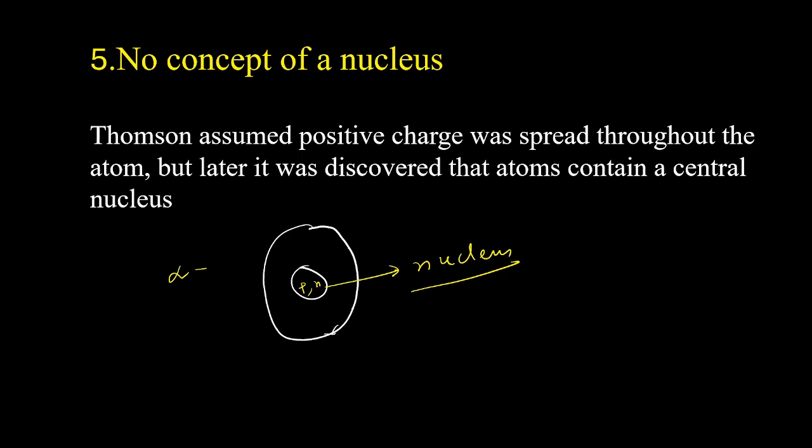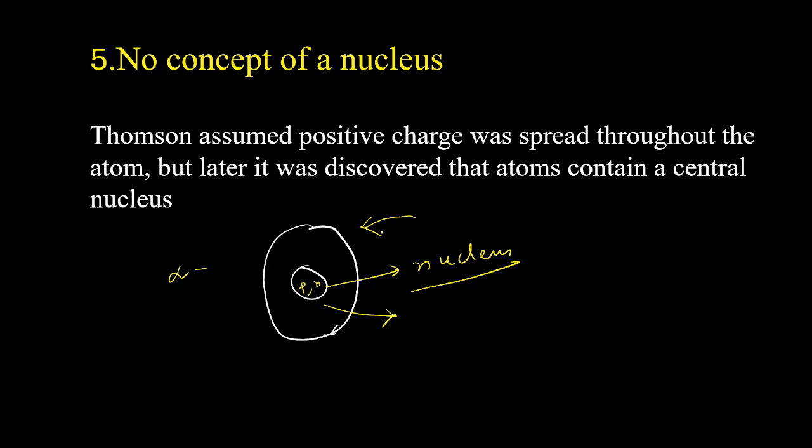And the whole positive charge of an atom is centered inside the nucleus, as all the protons are present inside the nucleus. But when J.J. Thomson gave his atomic model, the proton was not discovered. So to explain the electric neutrality of the atom, he explained that the whole positive charge of the atom is distributed throughout the sphere. That means the concept of the nucleus is totally absent there.